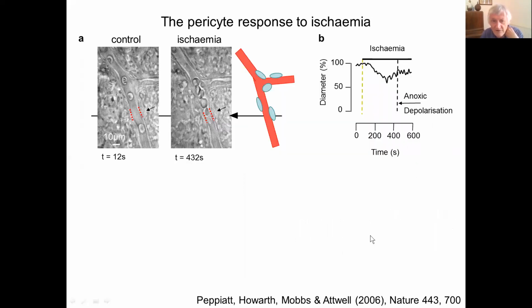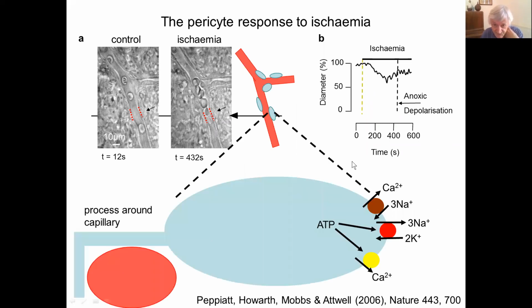So what's going on here? Well, in the retina, we looked at the role of pericytes in this by applying ischemic solution. We found that in ischemia, the diameter of the capillaries near the pericytes goes down, as you can see here. And that's not surprising because normally pericytes use ATP to maintain calcium pumping out of the cell.